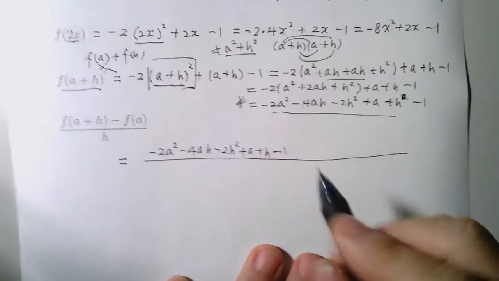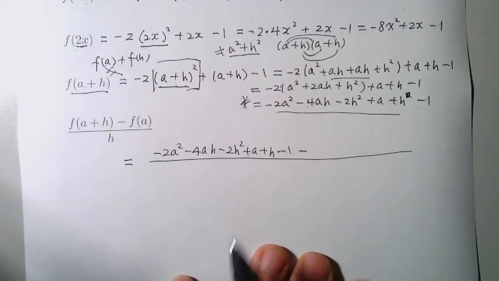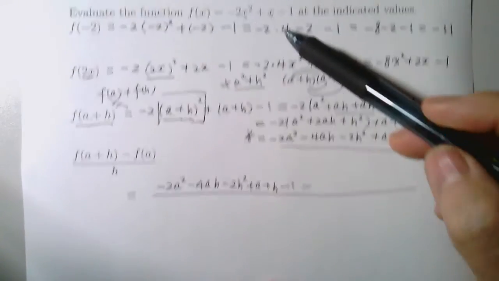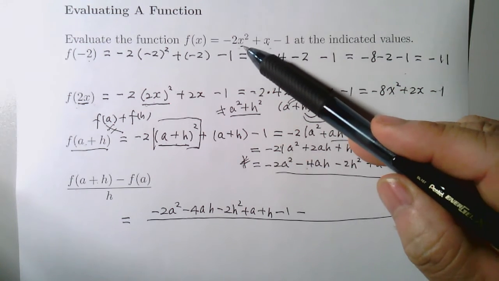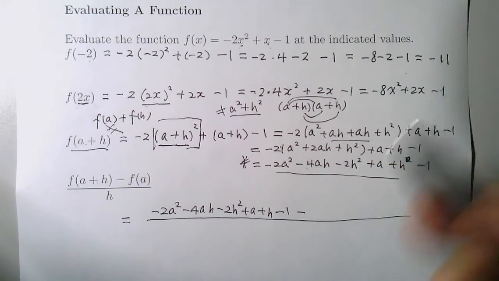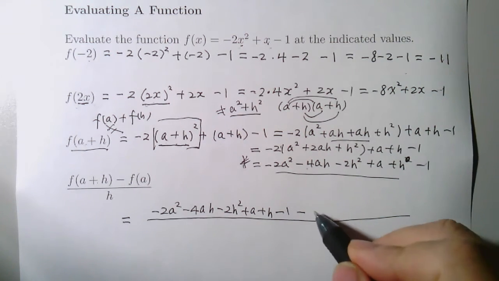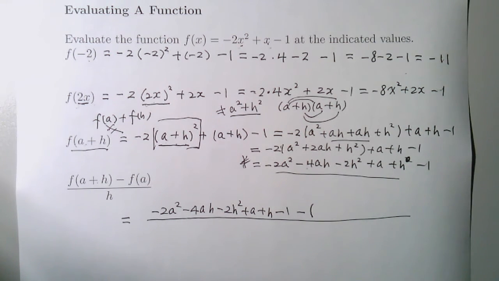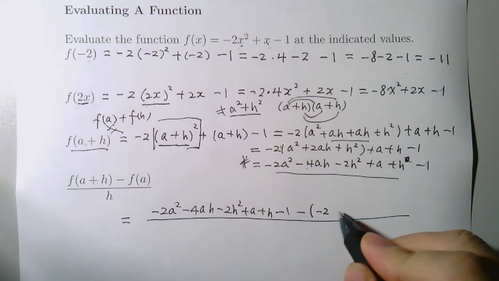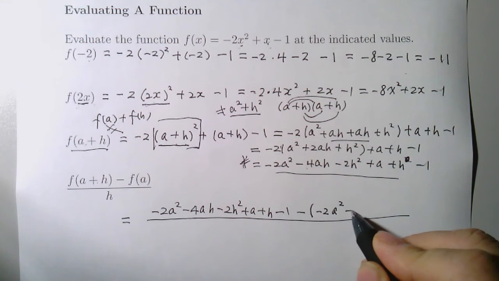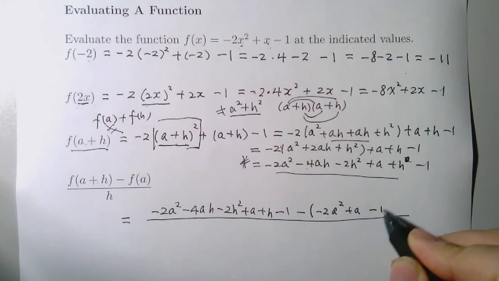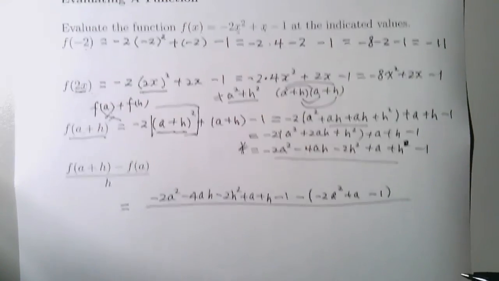And here, minus f of a. F of a means you replace this x by a. Because you match the whole f of a, make sure you put the parentheses: negative 2a squared plus a minus 1. You replace x by a there.